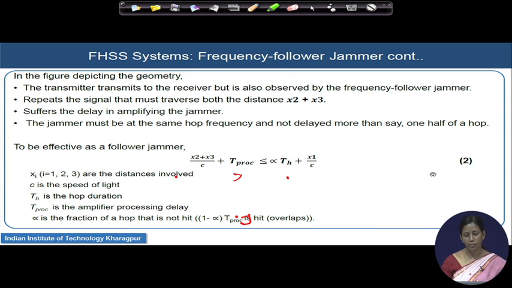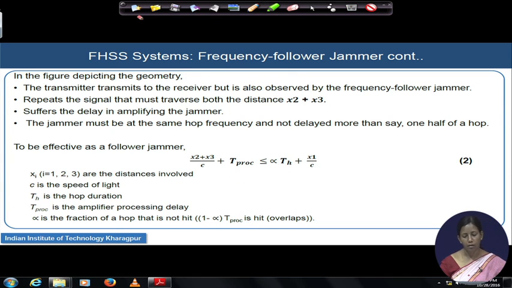Now, let us see what the typical boundary zone is within which the jamming signal will be very effective with respect to the receiver detection. From the figure we understand that the signal traversing from the jammer follows the path x2 plus x3, and there is another time involved inside the jammer, which is called the processing time, taken for amplifying the signal.